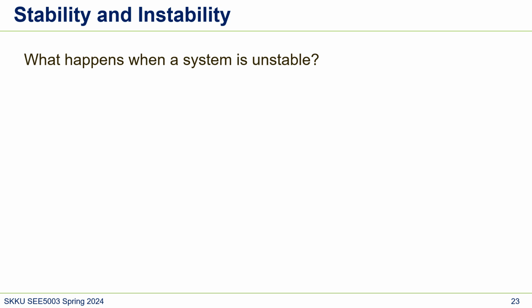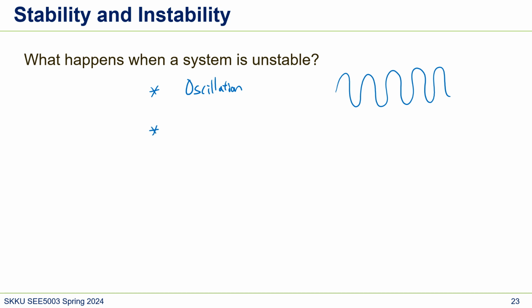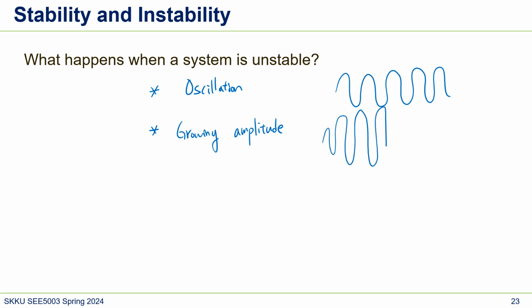So when we talk about stability or instability, what happens when a system has instability? First thing that can happen is oscillation. It's like the voltage just keeps ringing, which we don't want, or a growing amplitude. It's like it diverges. Maybe the amplitude can grow or just diverge.